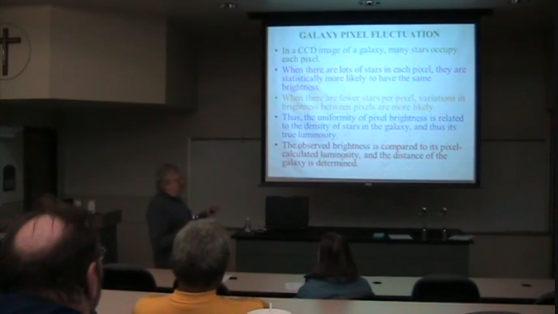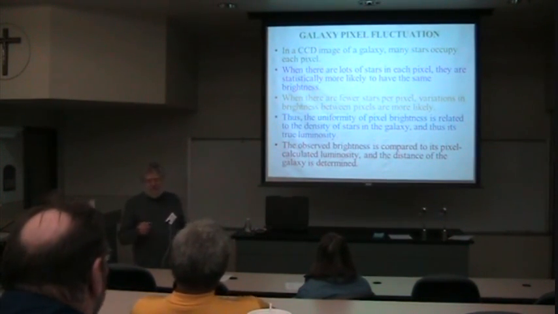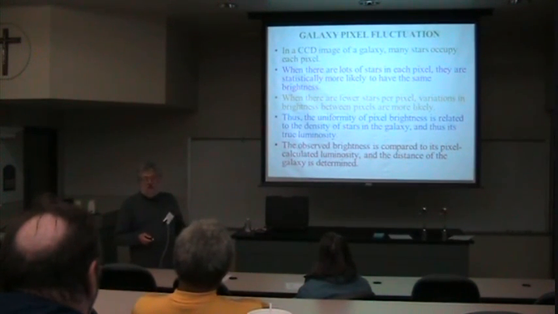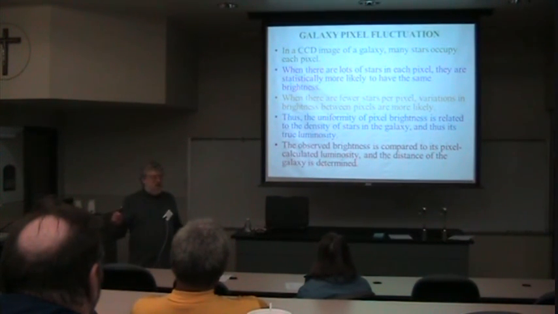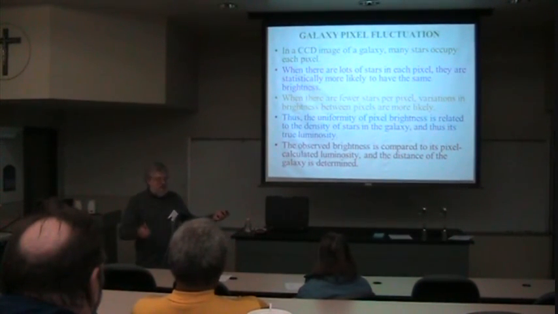Now, if you look at this statistically, and there are zillions of stars in each pixel, there's more likely a chance that each pixel will be just as bright as the neighbors around it. However, if the stars are sparsely distributed, and there are only, say, 5 stars on each pixel, that's an extreme case, then these 5 and these 5 and these 5 could well be different. So there'll be a lot of difference in brightness from one pixel to the next.